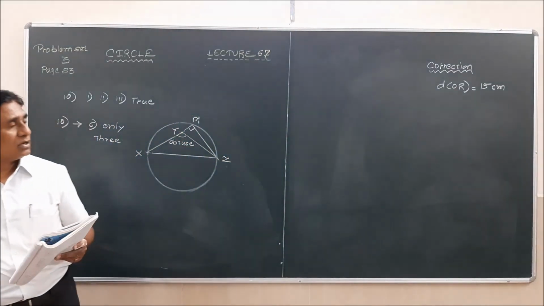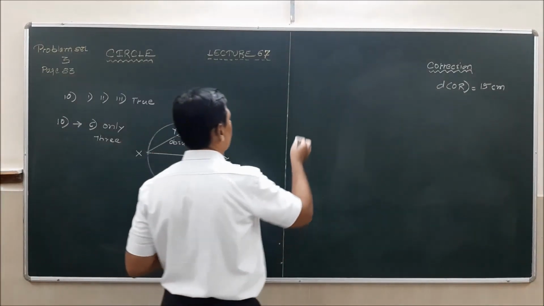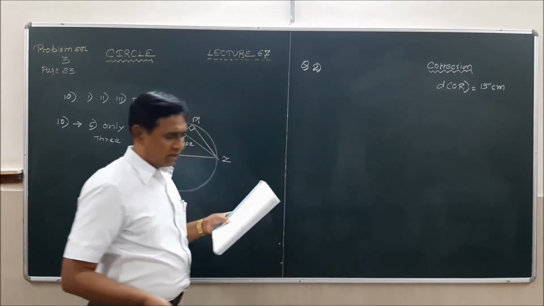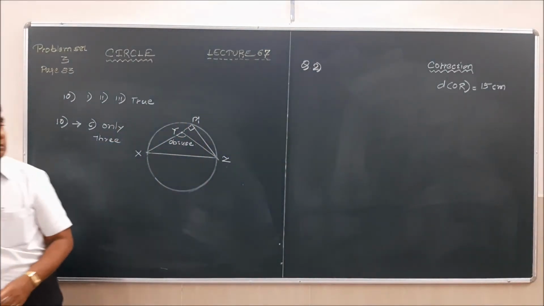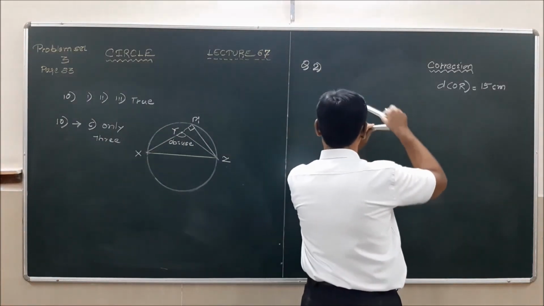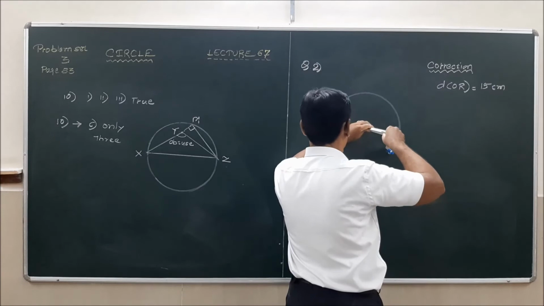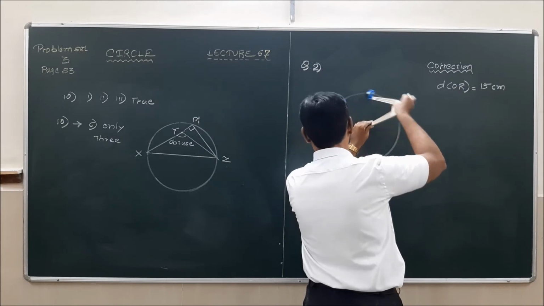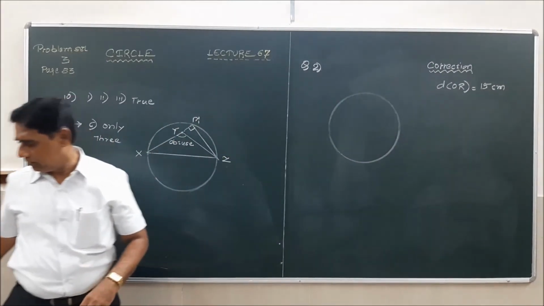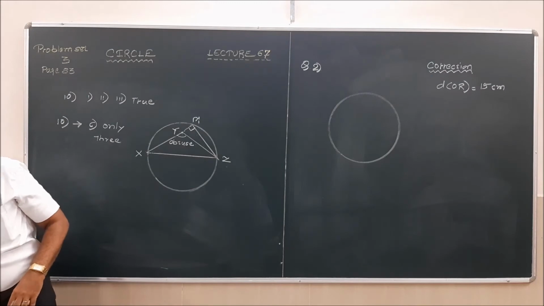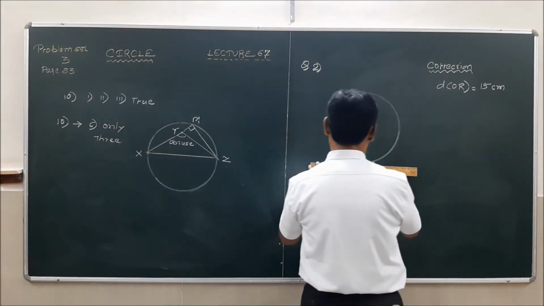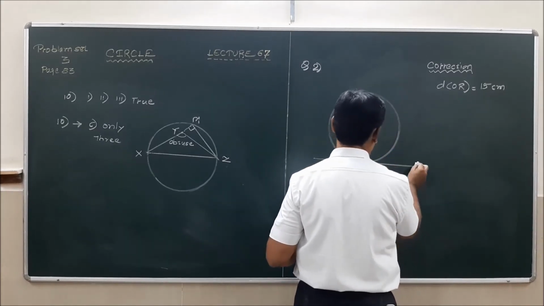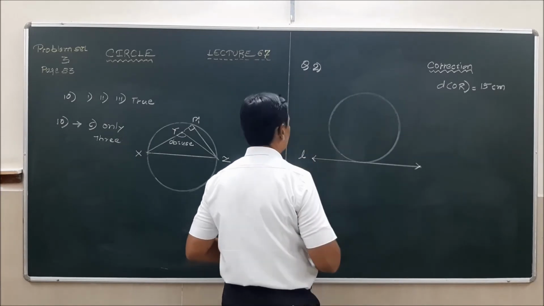Question 2. A circle is given and line L is touching the circle.